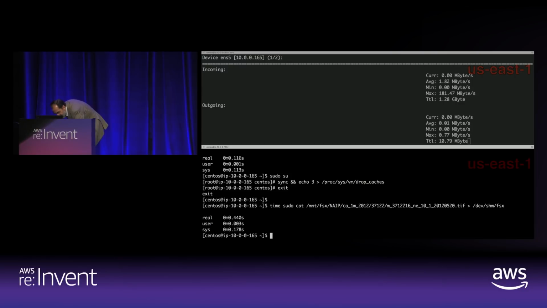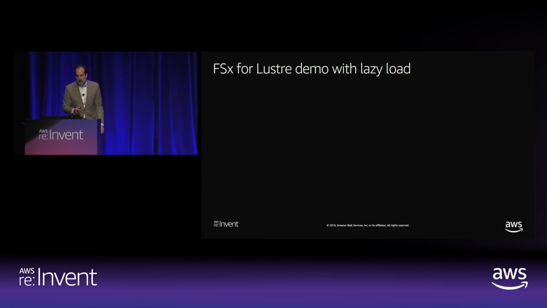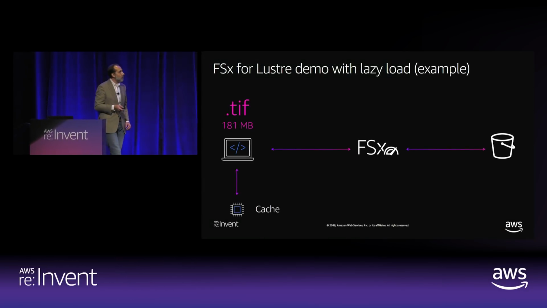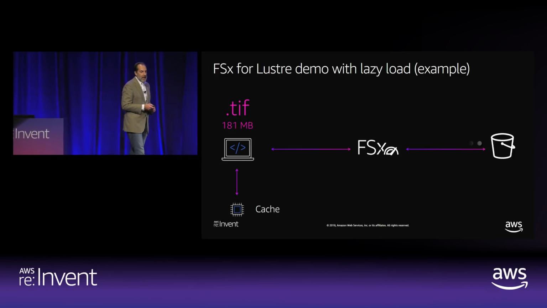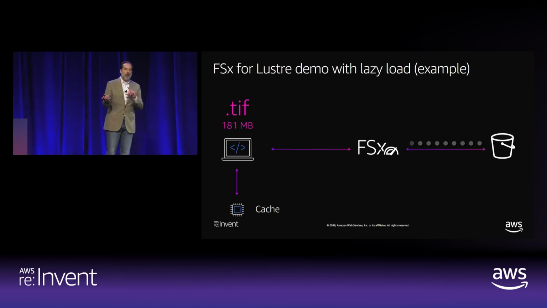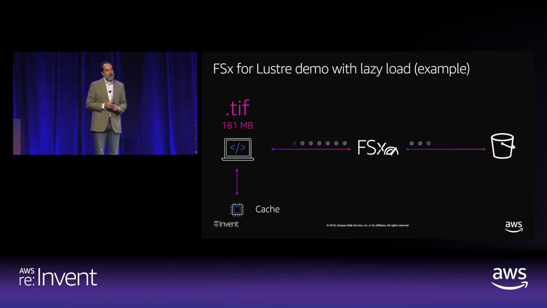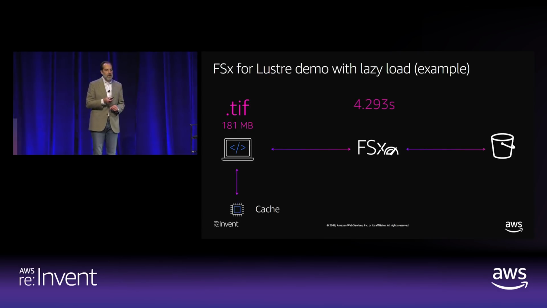I actually ran this earlier. Let me go back and describe what we just did. Upon first read of that file, it loads from S3 into the file system, and then delivers it to the client. In my recorded example, it was 4.293 seconds.